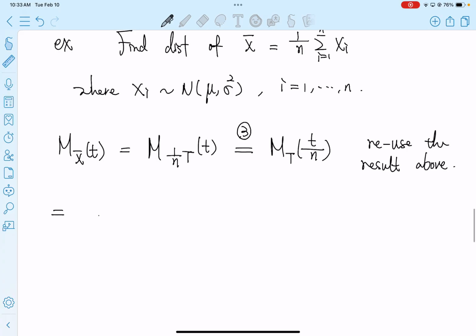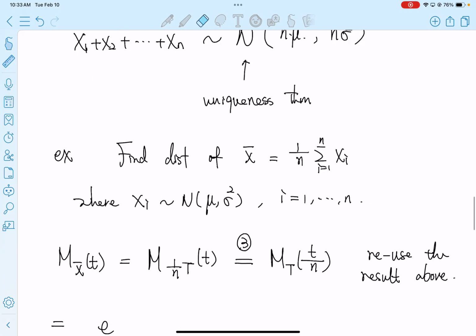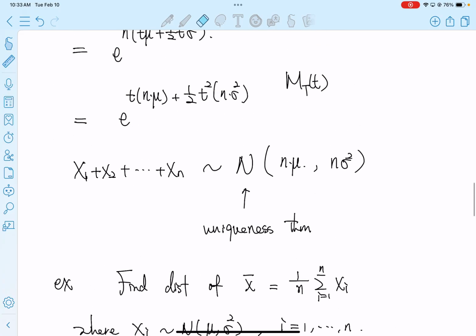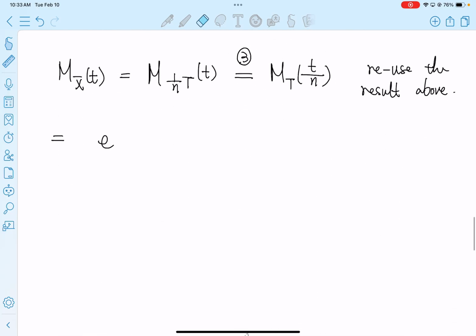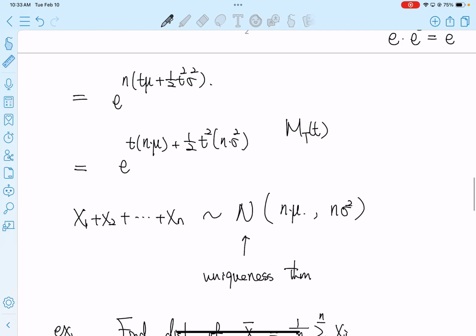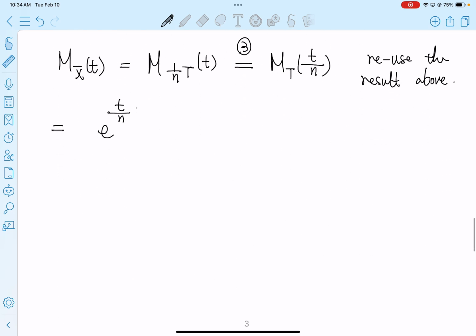So this is saying the t becomes the new input. So we have t over n. That is the new input for that moment generating function, t over n. And then reading the new mean from here, this is n multiplied by mu, and that is the mean for the random variable t.